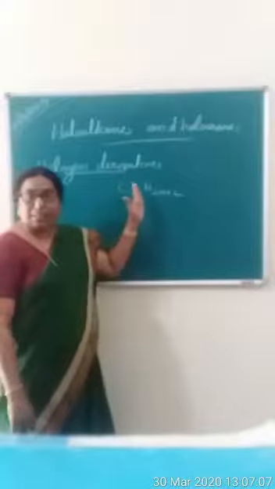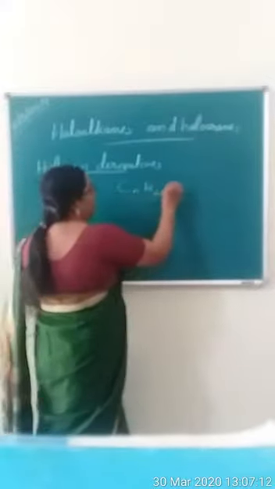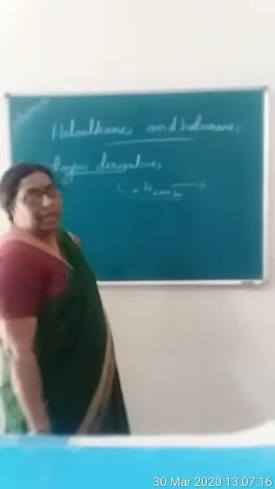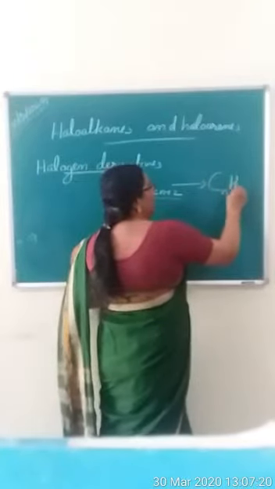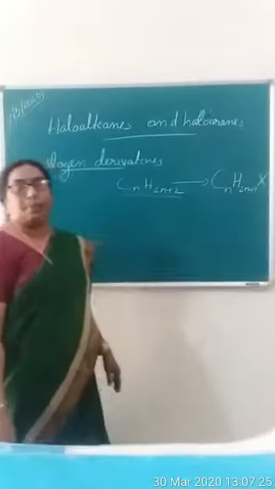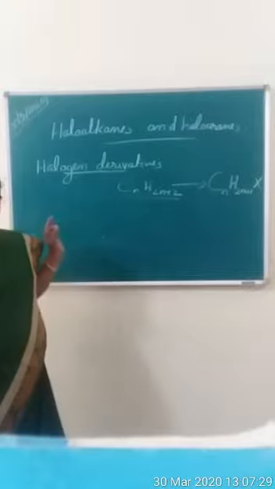So, halogen derivatives are derivatives of hydrocarbon obtained by substituting one or more hydrogen atoms by halogen atoms. Generally, we can say that halogen derivatives possess the general formula CnH2n+1X, where X stands for halogen. Is it clear?